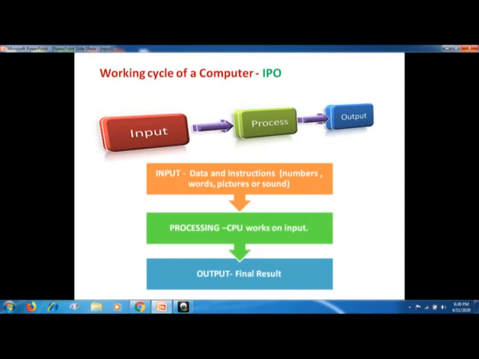And what the computer is doing on that input to give us the required result, that work which the computer does on that input is called processing. And the final result that we get after processing is called output. To make it a little more clear, let's take a real-time example.